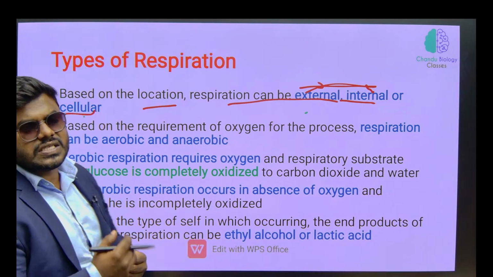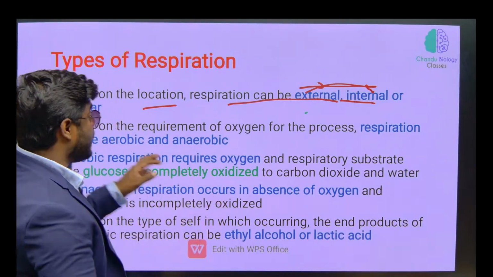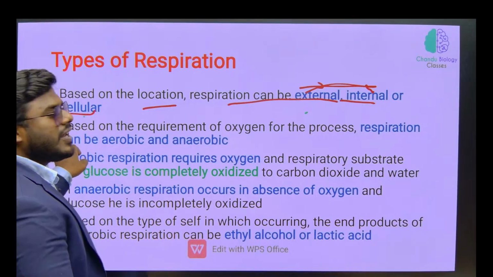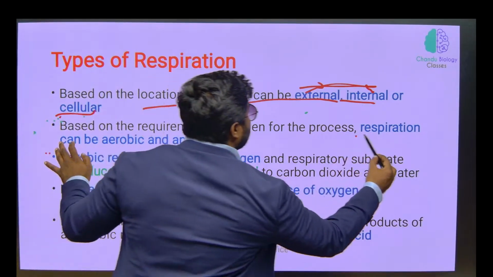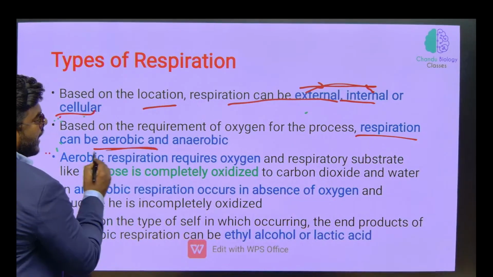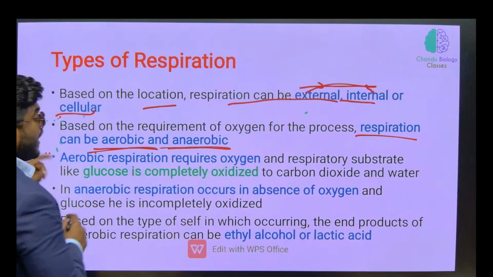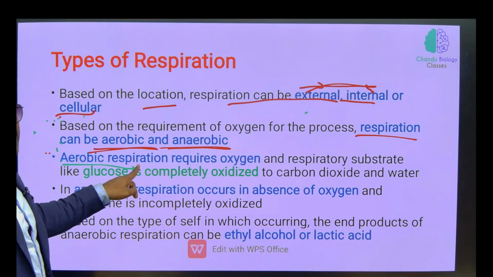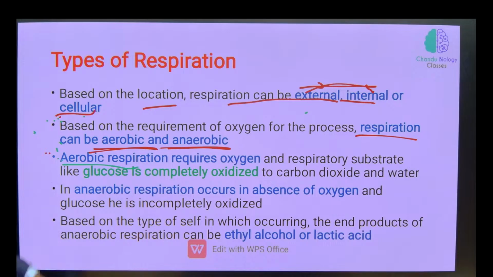In cellular respiration, based on whether we are utilizing oxygen or not, we categorize it into aerobic and anaerobic respiration. As the name itself clearly indicates, aerobic respiration compulsorily requires oxygen.